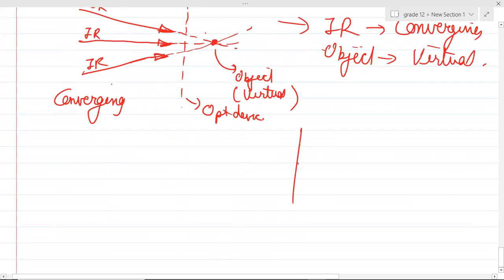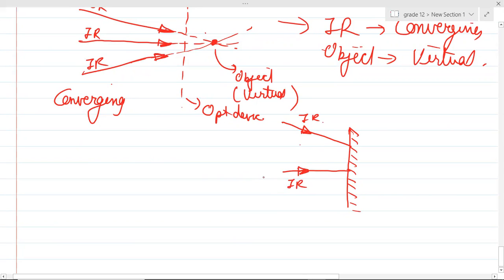Suppose there is a mirror, a plane mirror. And let's say an incident ray is coming like this and another incident ray is coming like this. Can you see the incident rays are both converging in nature, right? If I produce these lines in the forward direction, this is basically your virtual object.